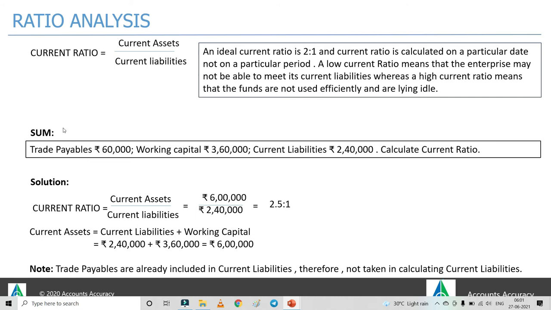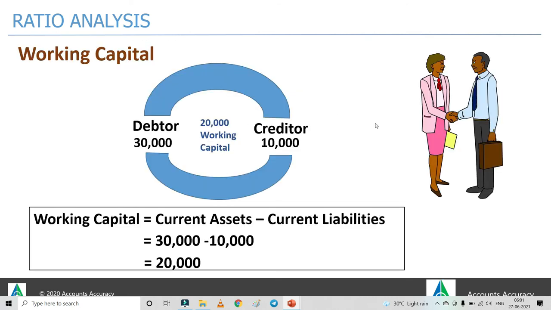Now you see, in this sum you are provided with trade receivables, working capital, and current liabilities, but you are not provided with the exact current asset value. In the previous slide, I have already shown you how to calculate working capital, the amount actually invested by the businessman from his own pocket.